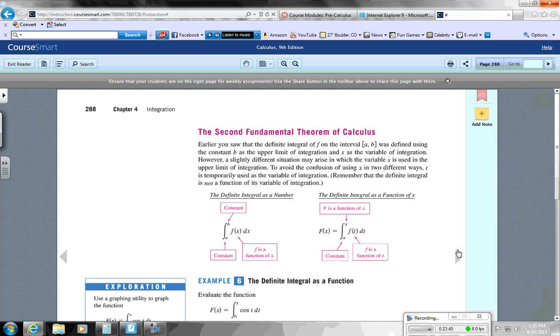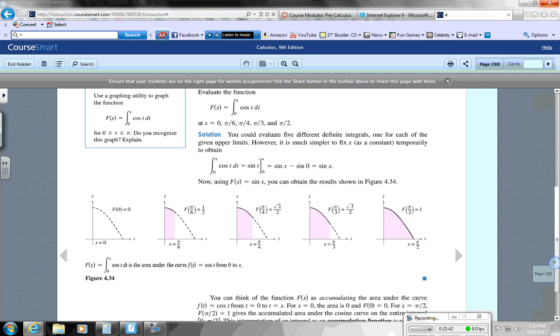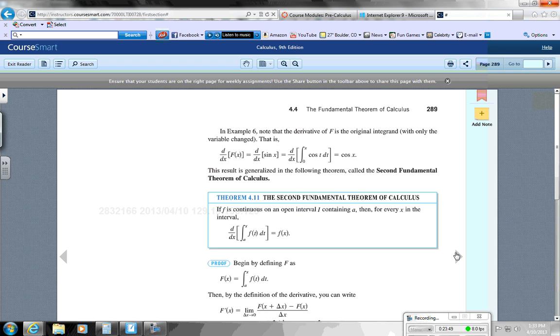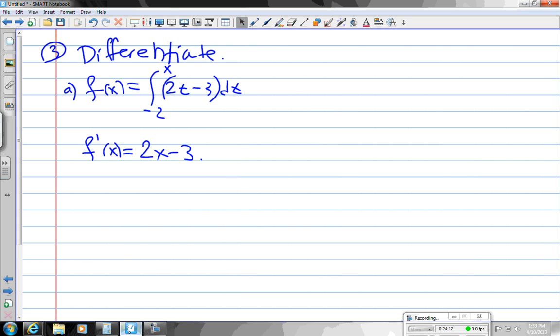Well, anyways, we talked about that in class. Here we go. Is that the one? Yeah. When you integrate, here we go. The derivative from a constant to x of a function is just that function at x. Right? But anyways, even if you do it the long way, it should come out.